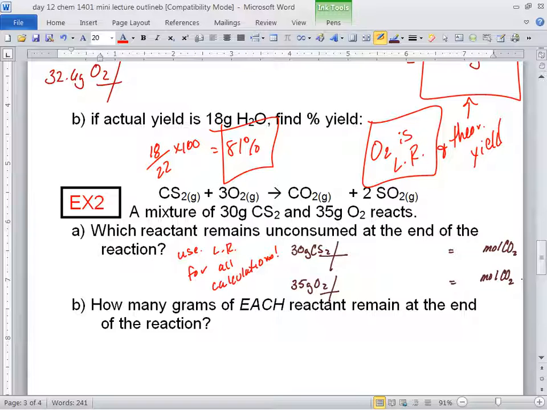And you can go all the way to grams of CO2 if you want, but you really don't need to, because you're just trying to find the limiting reagent. See if you can find it, and then you'll know, and then you can figure out the rest of it.